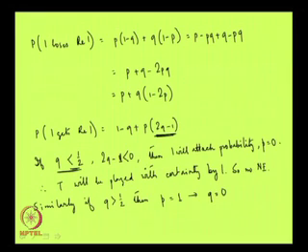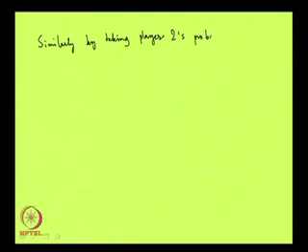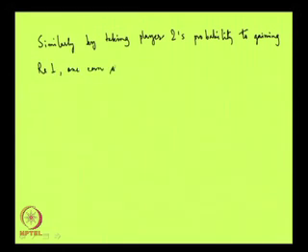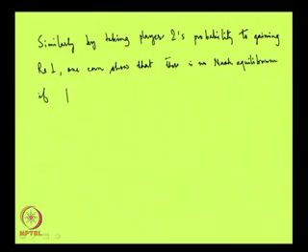Similarly, we can show that, for player 2's probability of gaining, one can show that there is no Nash equilibrium if P is not equal to half.